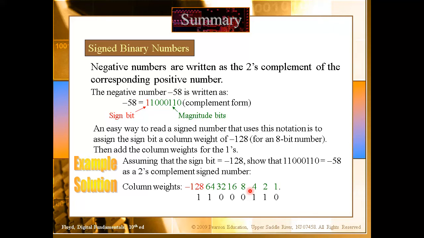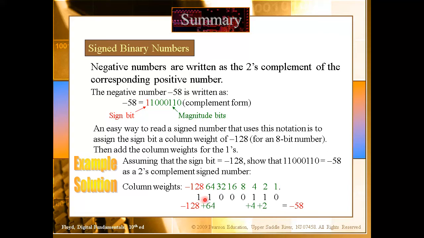But what happens is, by default in computer, the very leftmost bit, for example in this case this bit, has a weight that is actually negative. See, instead of 128, this is actually negative 128. That is how the idea of negative numbers comes into the picture.